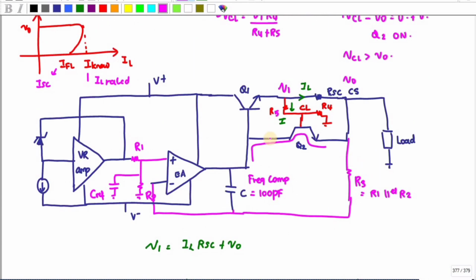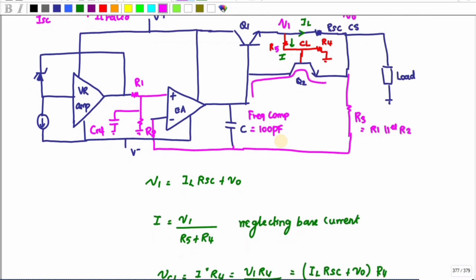What is the value of V1? I can write V1 is equal to ILRC plus V0, where the current flowing through this is I. I can write I is equal to V1 divided by R5 plus R4, if the base current is very small.